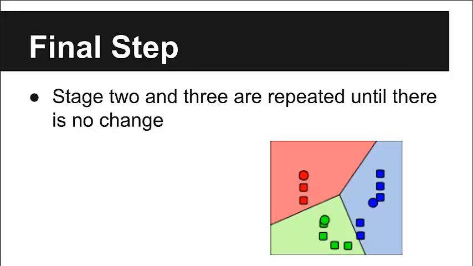In the final step, the algorithm repeats steps 2 and 3. The data points are first organized into clusters, and then the midpoint of those clusters is calculated. This continues until there is no measurable change in the clusters. So here we see the end of k-means clustering. We have 3 clusters. Here we have our red cluster, our green cluster, and our blue cluster.